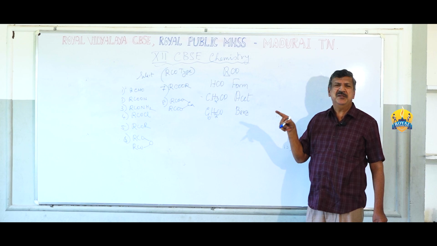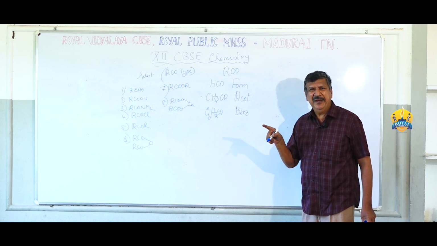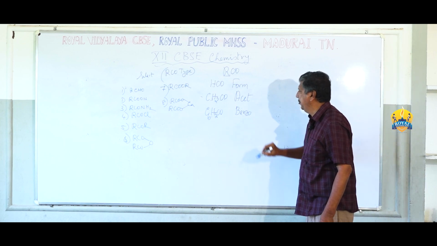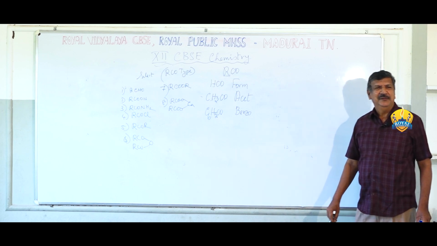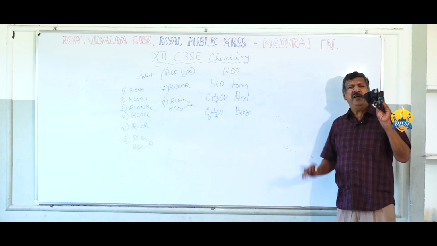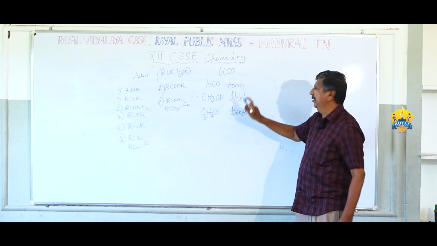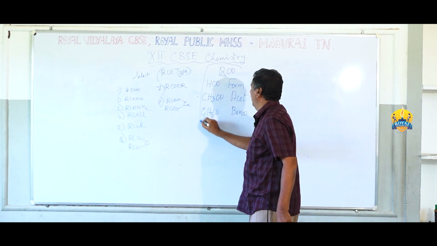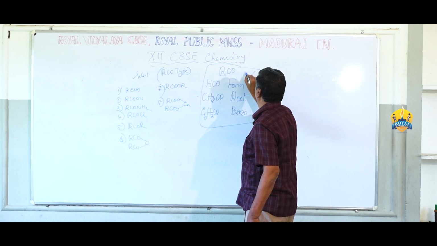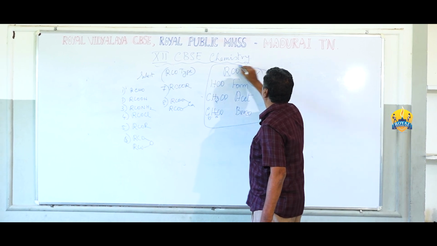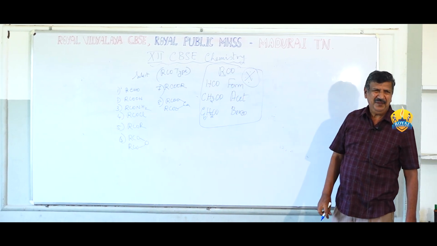Be careful, not benzyne. You should start your name as benz or benzo. Be careful. This is very simple. Form, acet, benz. This is very important regarding the naming of organic chemistry.